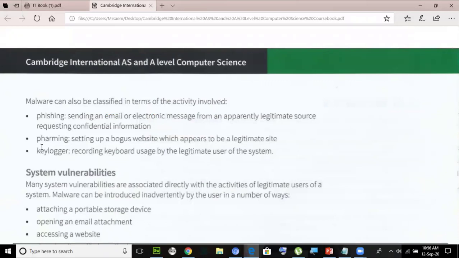Pharming is related to a website. A malicious code is attached to a URL, so when you visit the URL, you are redirected to another website. For example, that's the way Facebook accounts are hacked. It's very easy to do. All you have to do is design a Facebook login page, exactly the same, 100%.